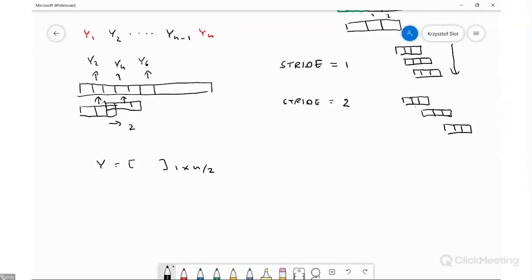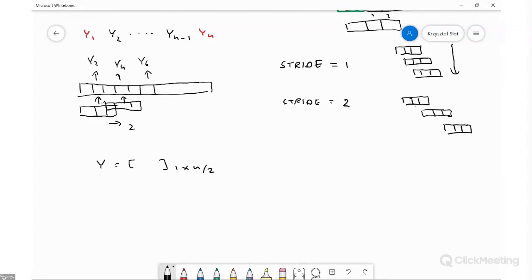So as you see, introducing a stride that is larger than 1 is just compressing my output data, or reducing the size of the output vector.